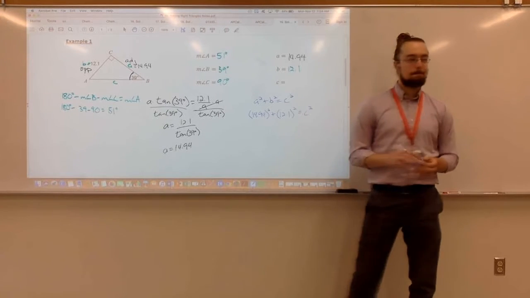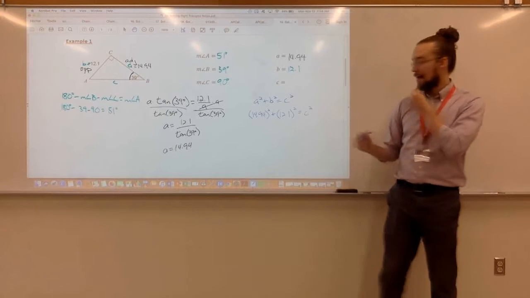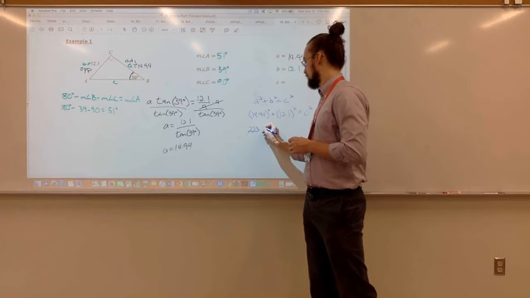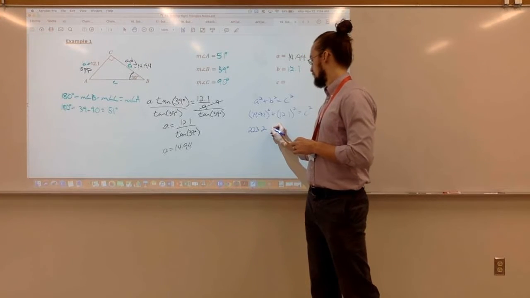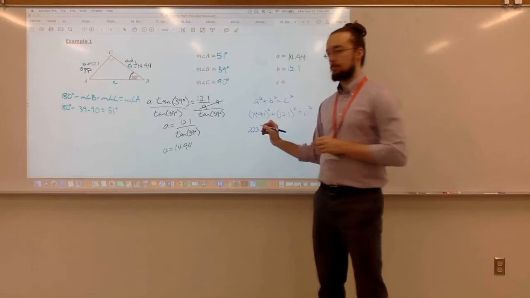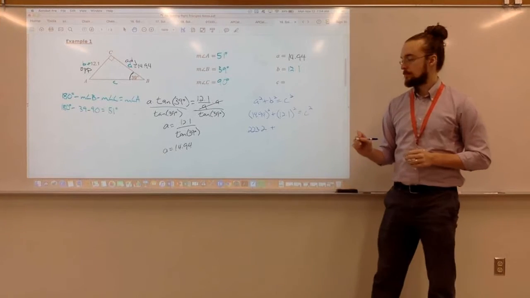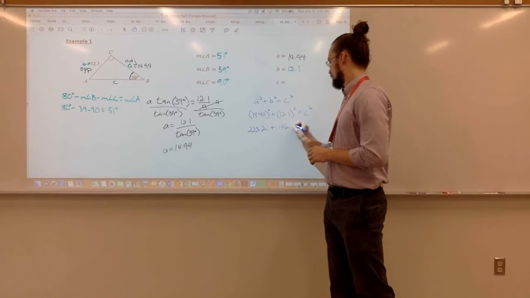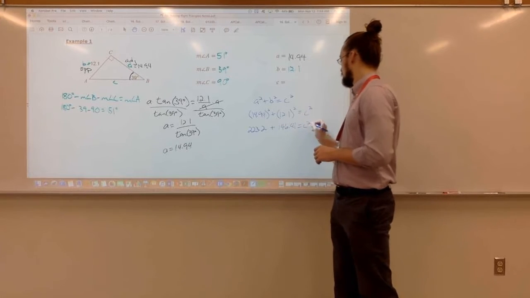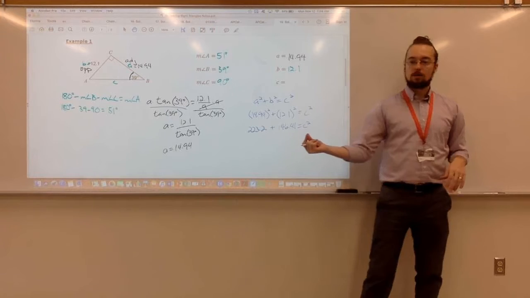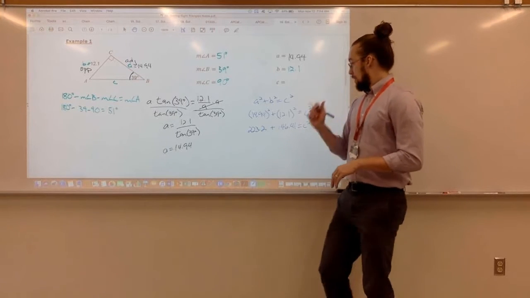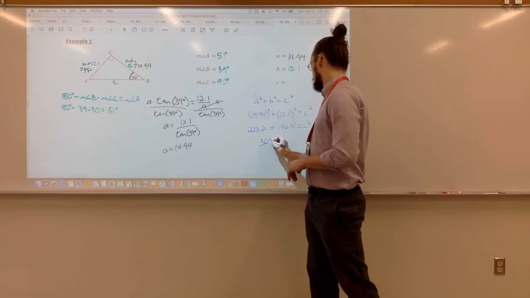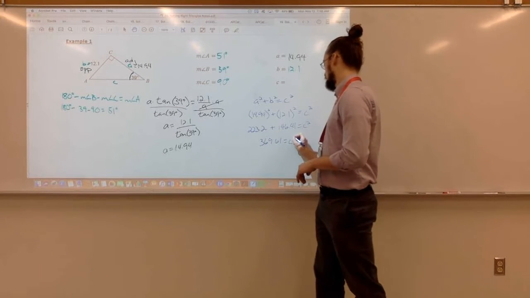The first one is 200. Now, just want to add those together. So, what does that give me? 369.61.